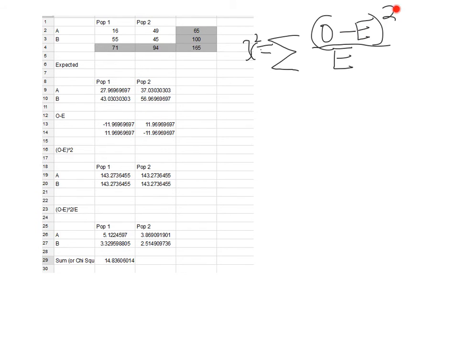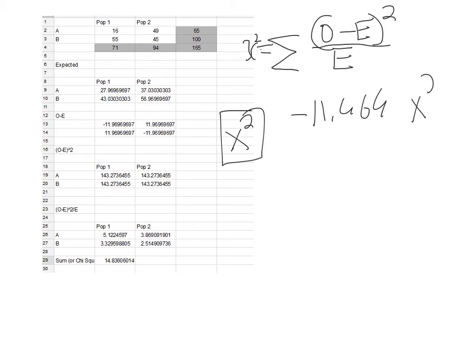Now we're going to square each of those, and some of you still are a little stuck with squaring. On your calculator, you should be able to see an x squared button. What I did here with my spreadsheet is type in the negative 11.969 and so on, then hit x squared.